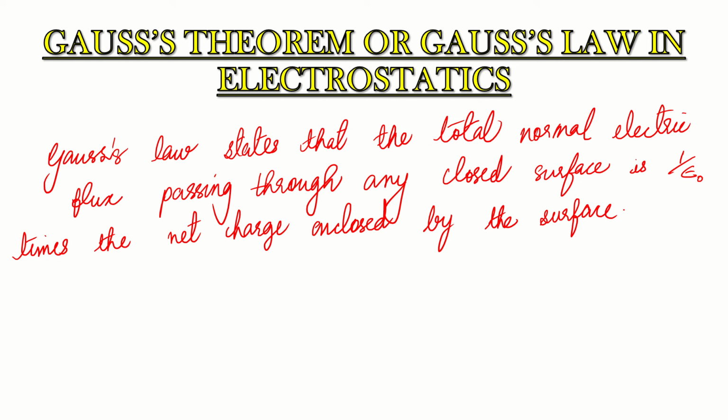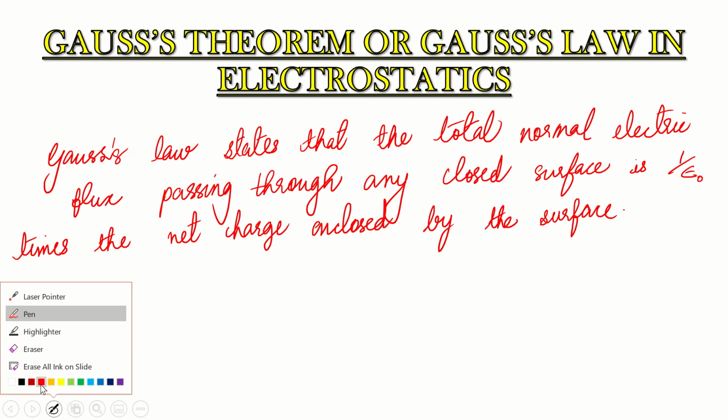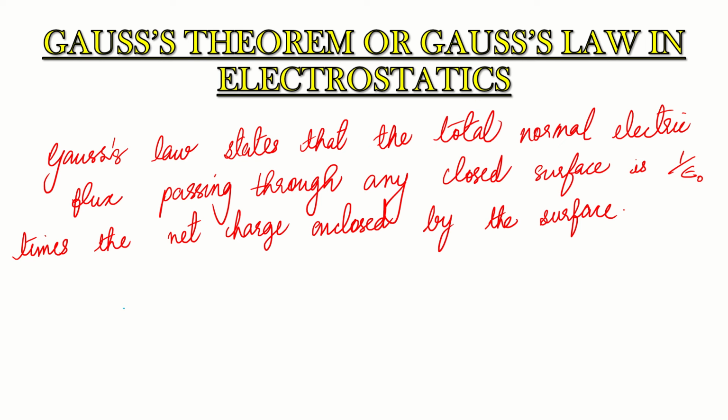So, what is Gauss's law? Gauss's law states that the total normal electric flux passing through any closed surface is 1 by epsilon naught times the net charge enclosed by the surface. And this is also represented using phi, in the same way we represented flux.